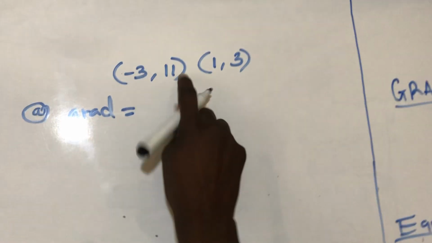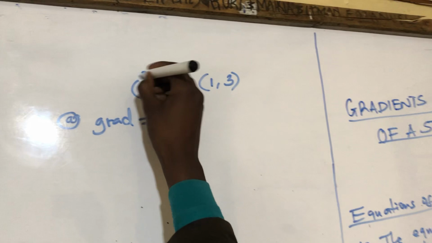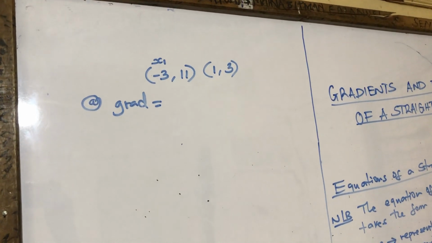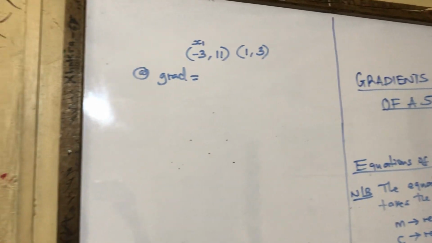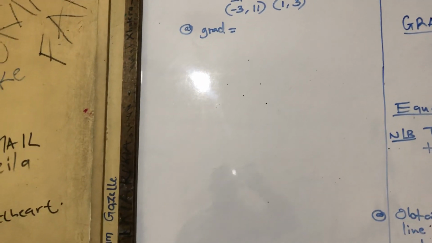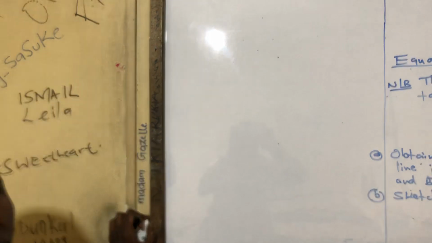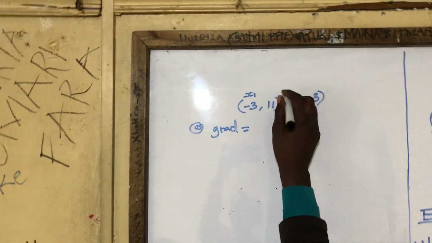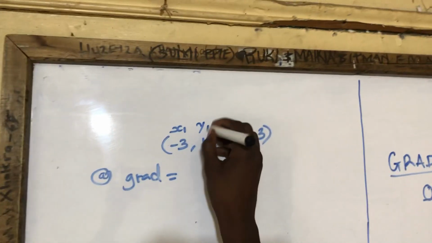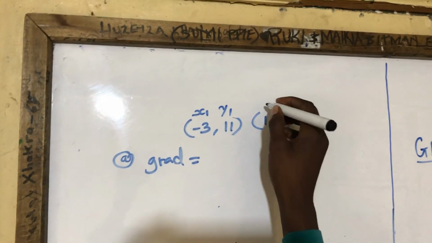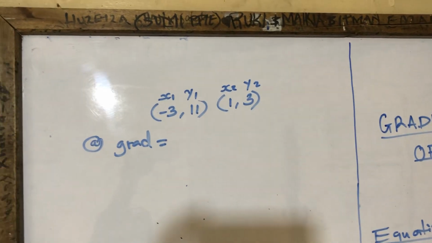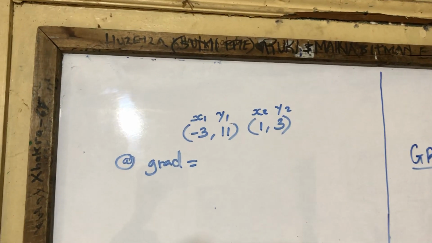Like I've already mentioned, let's start by labeling these points. The first coordinate will be representing an x coordinate, so we will label it as x1. The second coordinate will be labeled as y1. This will be x2 and this will be y2. So how do you find gradient?